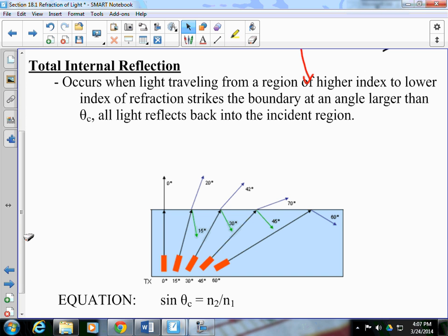At 45 degrees, our refraction angle is 70. At 60 degrees, we have no refraction angle, all reflection. And that is total internal reflection. And that's kind of how the principle of light getting trapped in an object, such as a diamond, works. It's that total internal reflection and the idea of how that works.